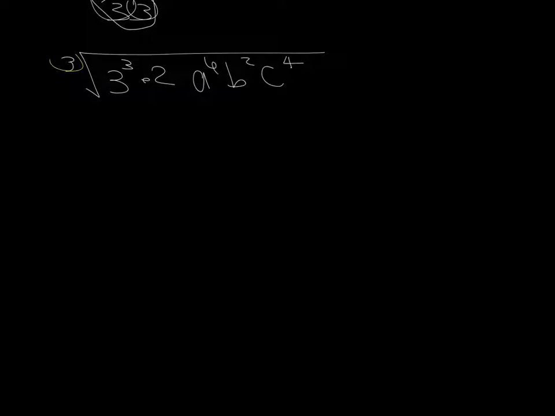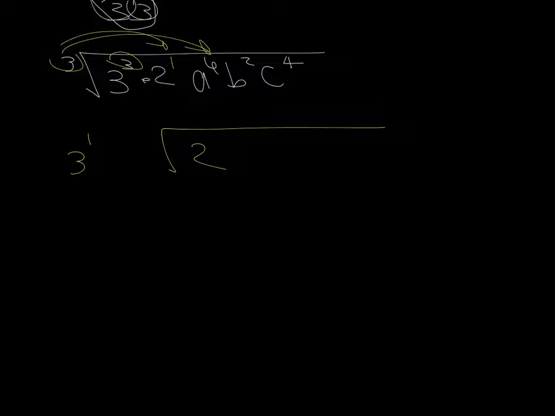Alright, so 3 goes into 3 one time. 3 does not go into 2, so that 2 will stay in there. 3 goes into 6 twice, with no left over, so no a goes inside. 3 goes into 2, it doesn't, so we leave that in there. 3 goes into 4 one time with 1 left over.